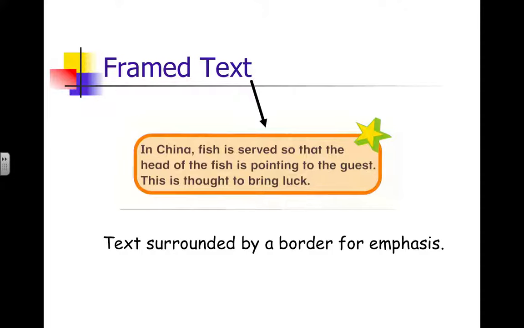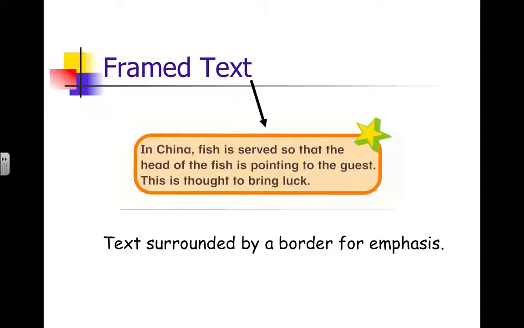Frame text is just any text that's highlighted or surrounded by some type of border or image that emphasizes it. I think a mistake a lot of kids make is that they think that whatever's in the featured text has already been said in the article part.